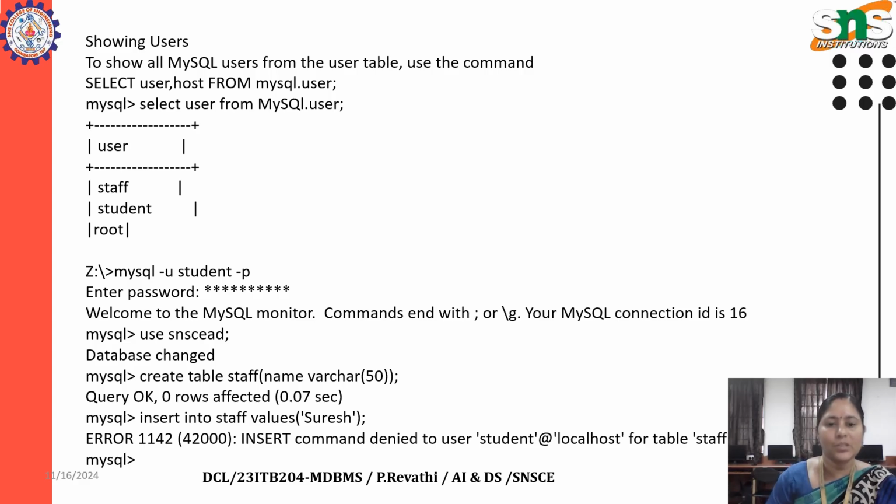Insert into staff values Suresh. Now, the insert command is not working. It's showing an error. Why? Because the student has only one permission, that is create permission. So it won't allow inserting values into the table.